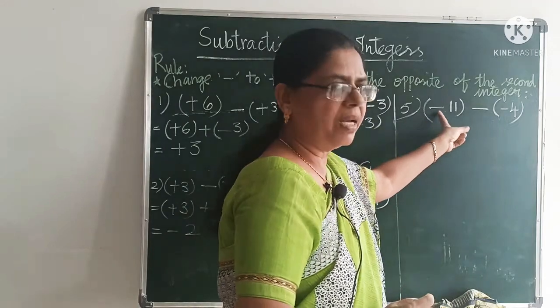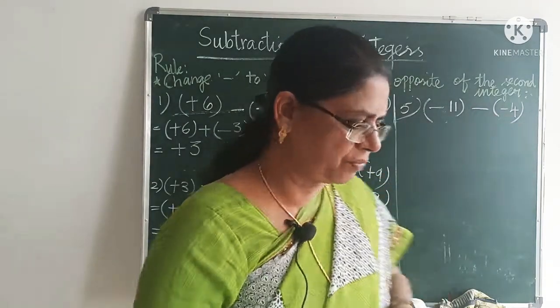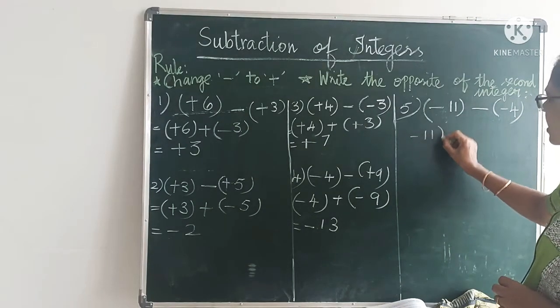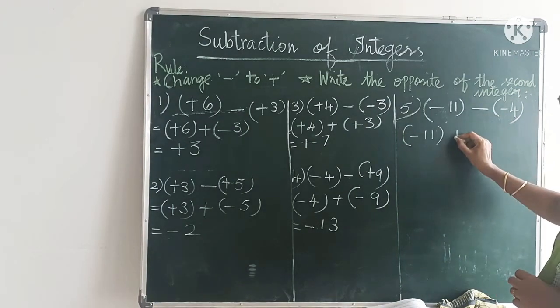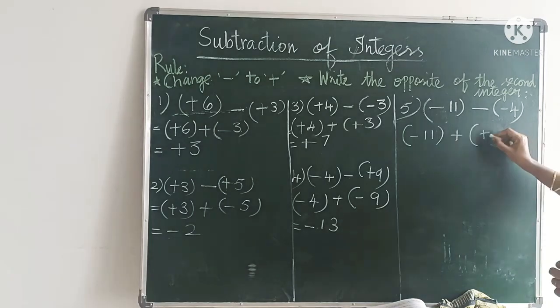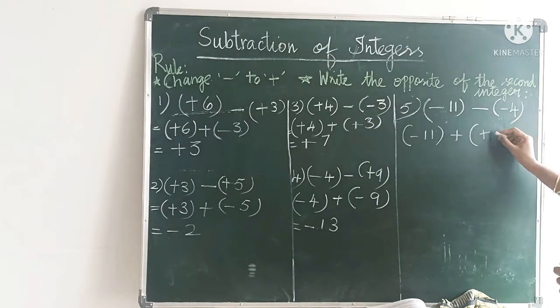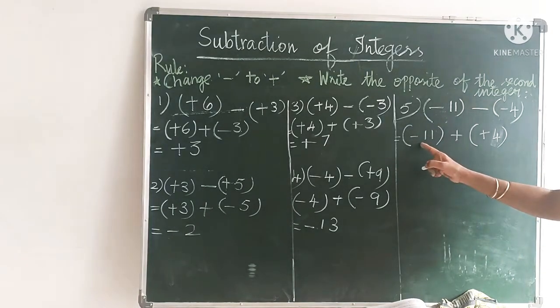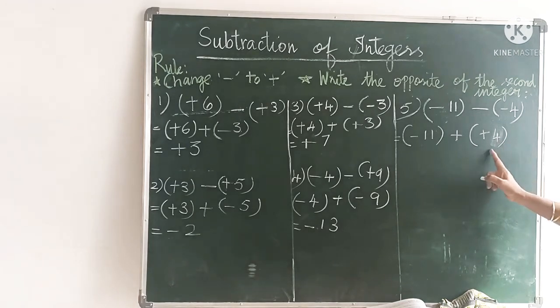Here minus 11 minus 4. Copy down the first number as it is. Change minus sign into plus sign. The opposite of minus 4 is plus 4. Now, one is negative and one is positive.